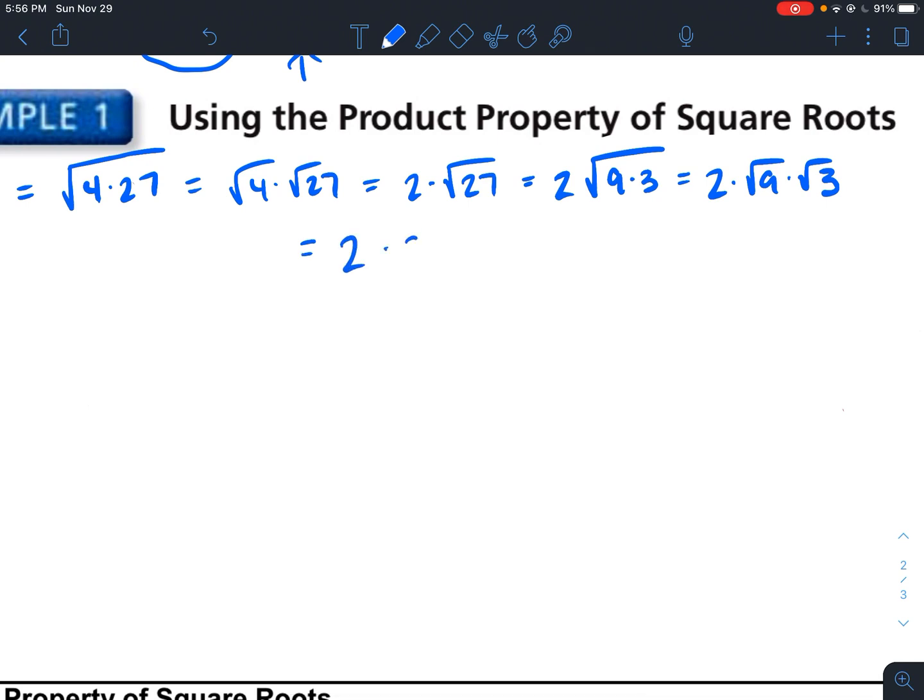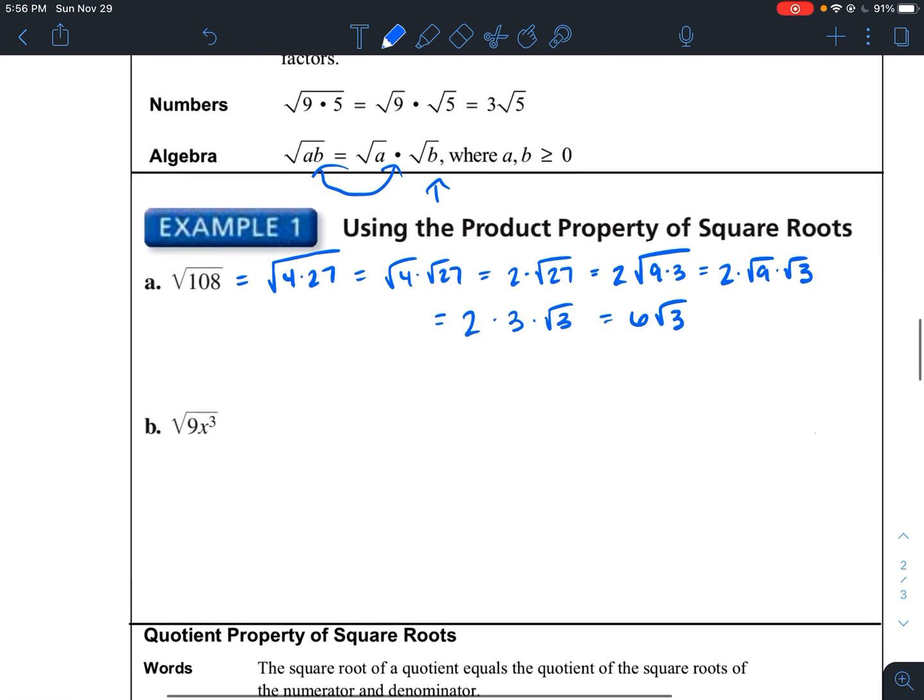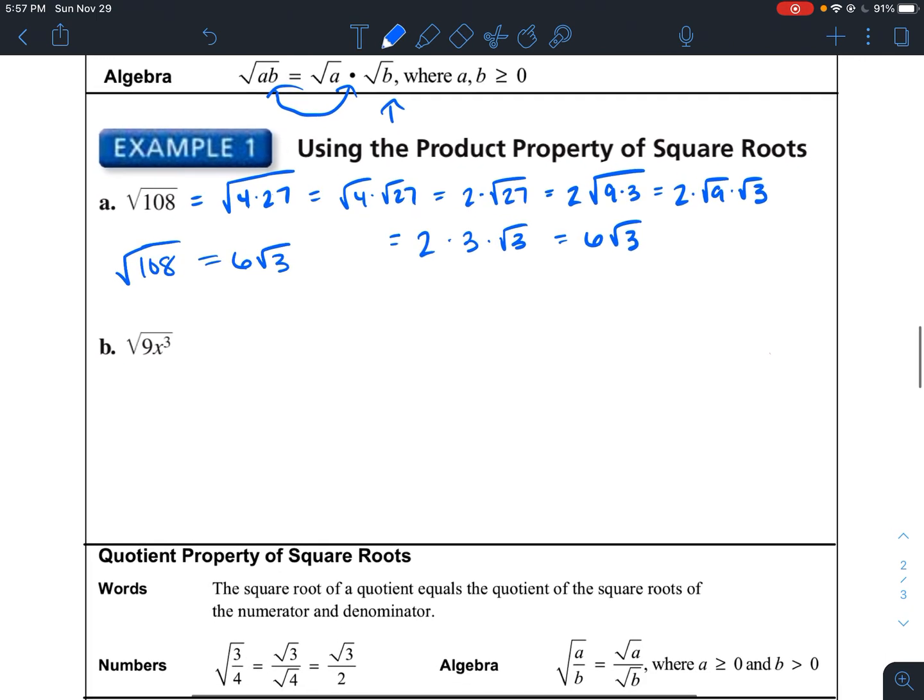So times 3 times the square root of 3, and this is equal to 6 square root of 3. So basically, I just took the square root of 108 and simplified it to be 6 square root of 3. I can't reduce that any further because I can't take the square root of 3 and have it be a whole number.